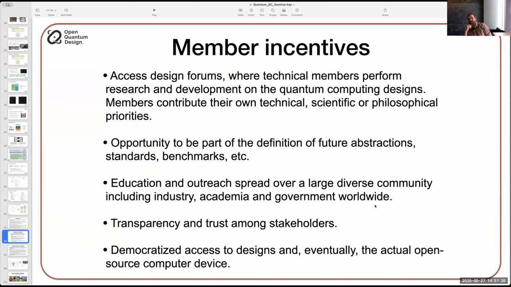But what I didn't really include well here is the idea that, and I think you guys are quantum rich in BC, so maybe it's not as big of a deal for you, but if you were a university or an organization interested in education, outreach, training a workforce, or building your own device, there's an incentive to become a member.